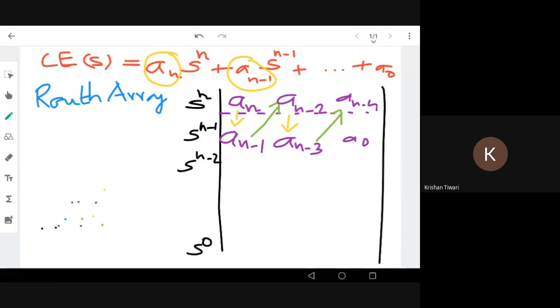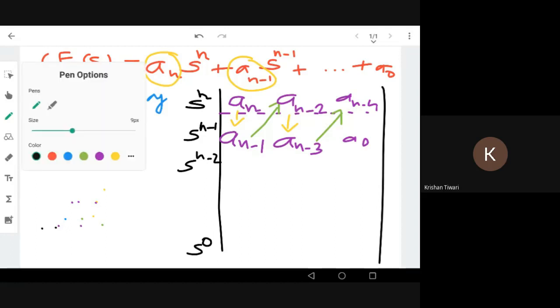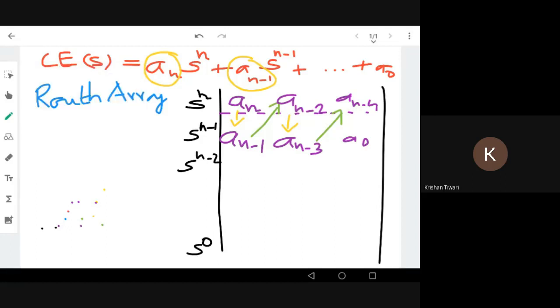Now how to fill the Routh array in the third row? You should know this. There is a simple equation. What I'm doing is multiplying bottom to top, going bottom to top. a_(n-1) into a_(n-2), then minus a_n into a_(n-3), divided by a_(n-1), something like this.